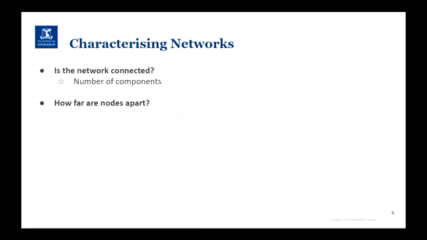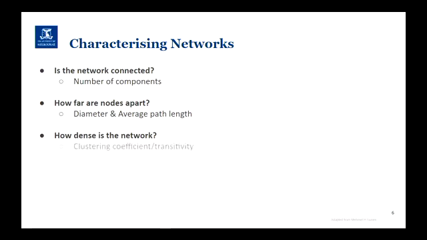For that, we're going to introduce two different metrics, diameter and average path length. Another question we can ask is how dense our network is. We already talked about different data structures that are more appropriate for dense and sparse networks, but how dense? How do we quantify network density? We'll try to do that by assessing the number of edges over the potential number of edges, and also assessing a new metric called the clustering coefficient.